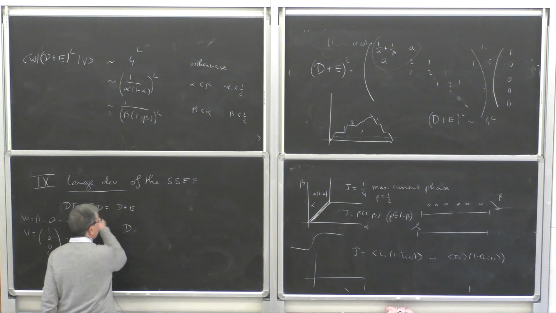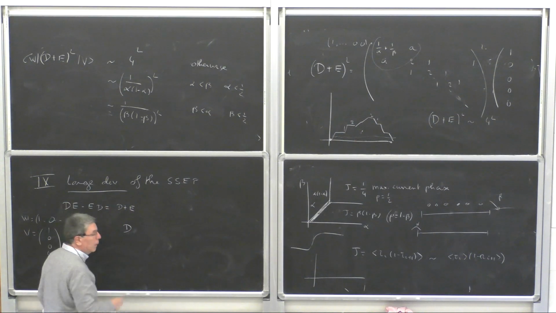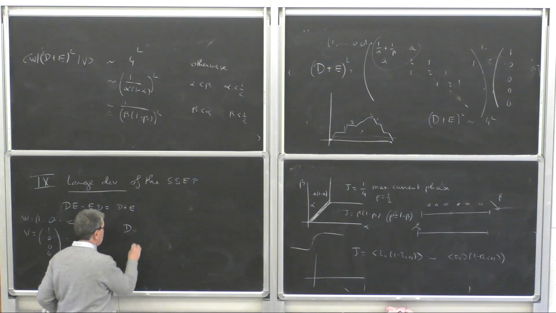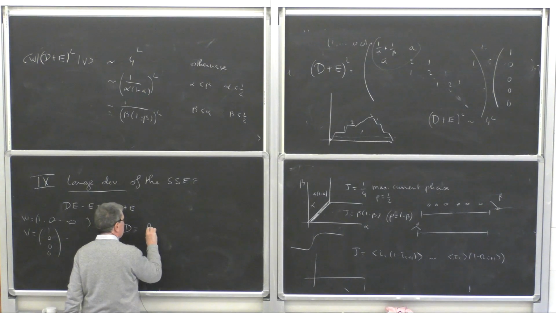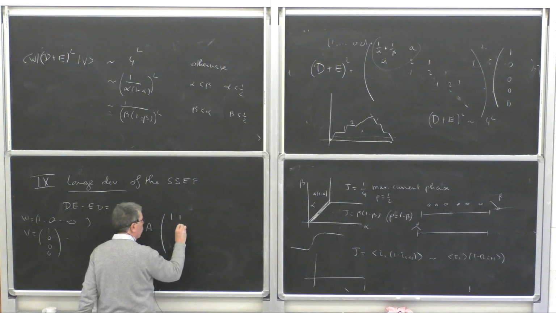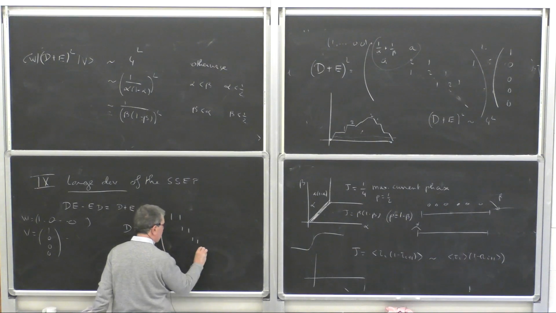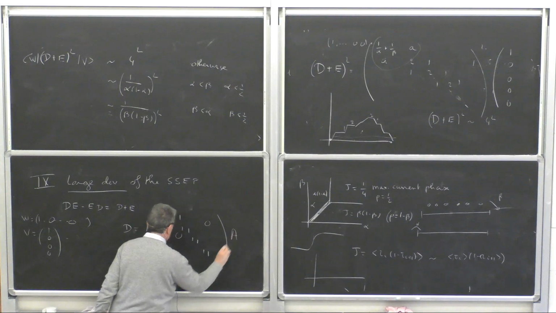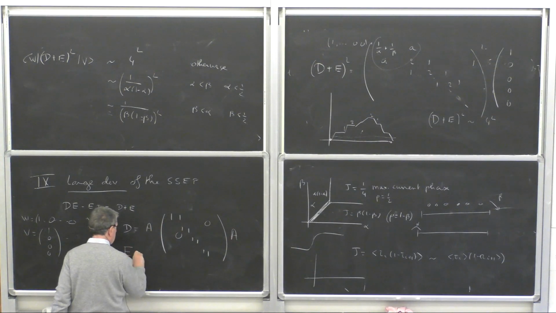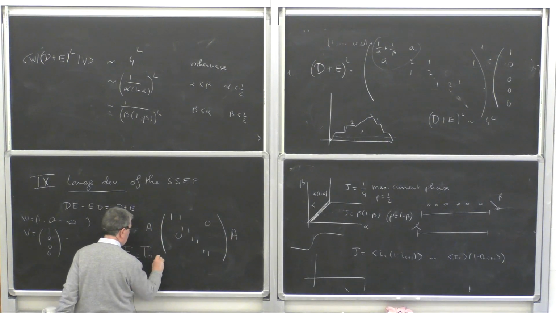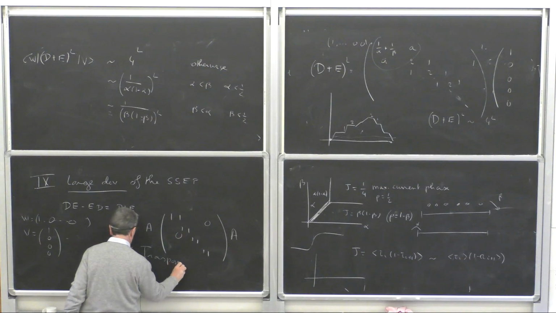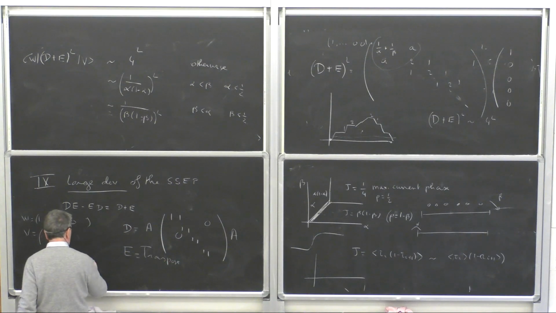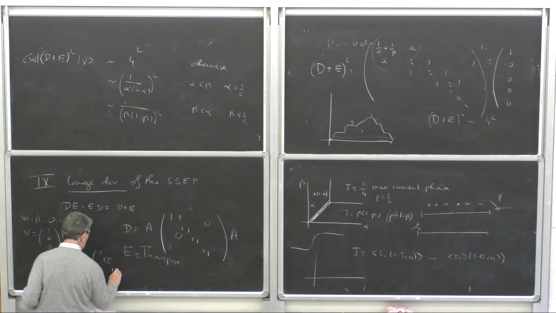You want to solve this algebra. It turns out that D is a matrix A times 1, 1, 1, 1, a diagonal matrix A, and E is just the transpose, and A is the diagonal matrix with square root 2, square root 3, square root 4, and so on.